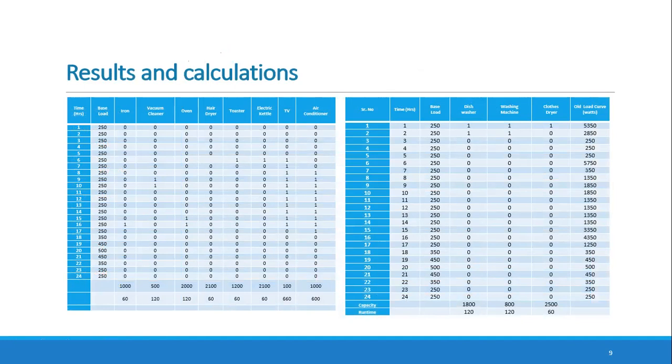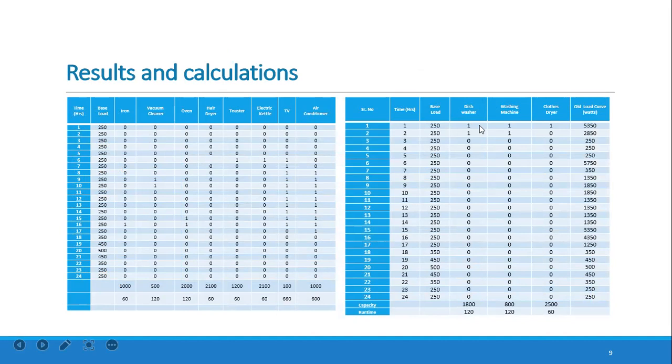Okay, so as you can see, we have different hours of the day: first hour, second hour, third, up to 24 hours for a specific day. Here are the shiftable loads, which are the iron, vacuum cleaner, oven, hair dryer, toaster, electric kettle, TV, and air conditioner. Similarly, we have the other loads, which are the dishwasher, washing machine, and clothes dryer.